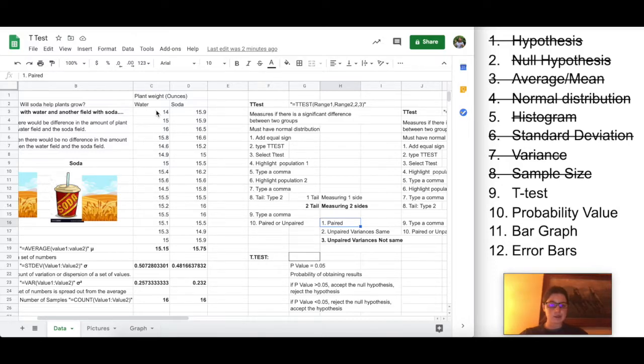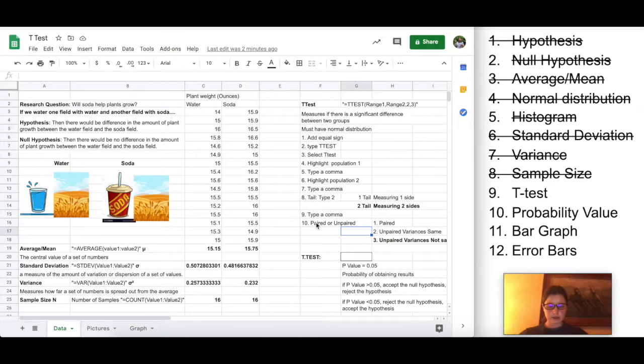Since you used the same students, that would be paired. Unpaired is if you don't use the same group. So we aren't using the same group because we're using two different fields. We aren't growing it on the same field, we're using two different fields.